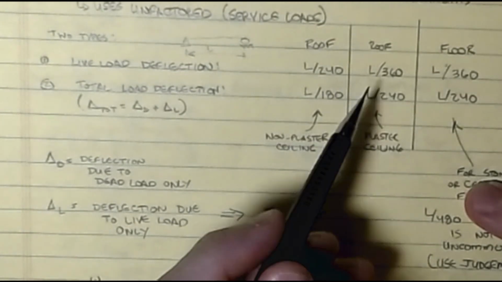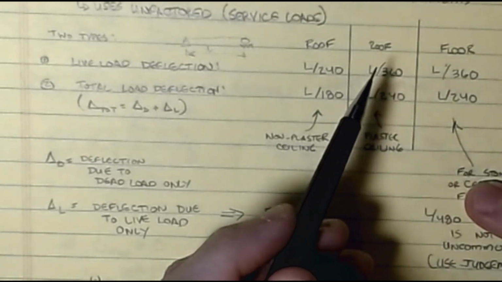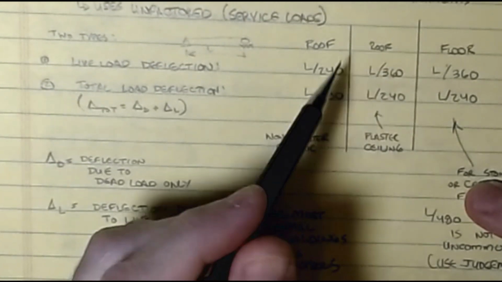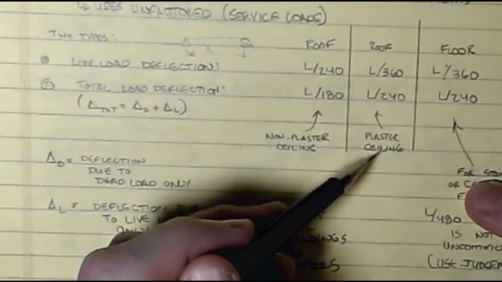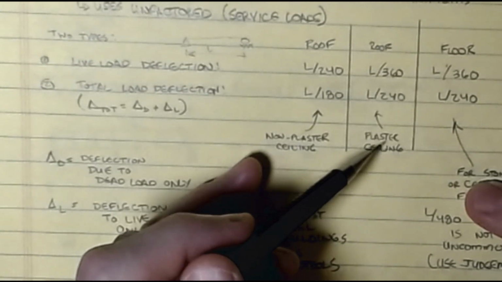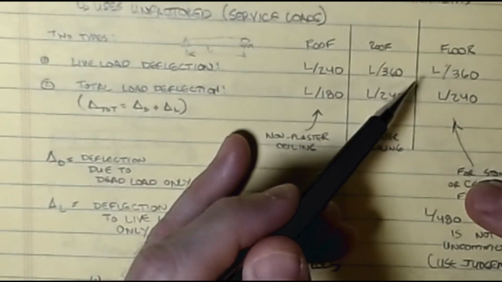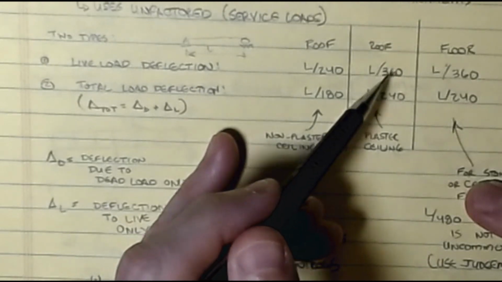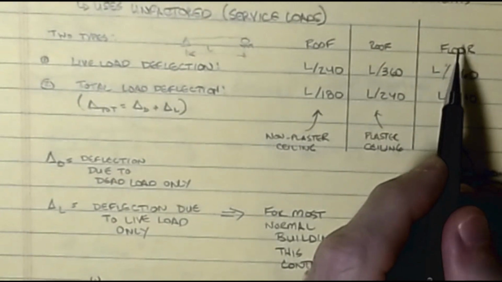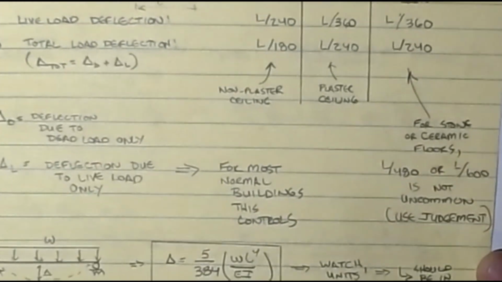For something with a deflection-critical displacement, say a plaster ceiling or some material that can't withstand excessive deformation, sometimes you can crank this up and they'll go up to L over 360. Most floors are L over 360, though it's not uncommon to see this value go up as well.